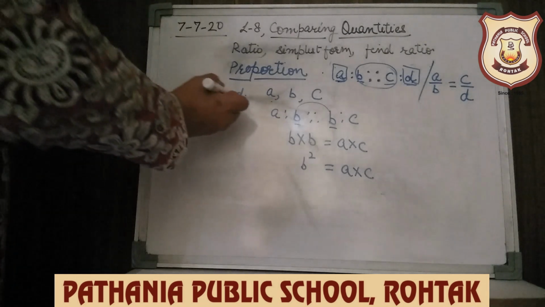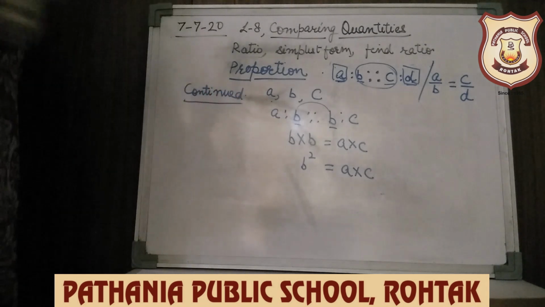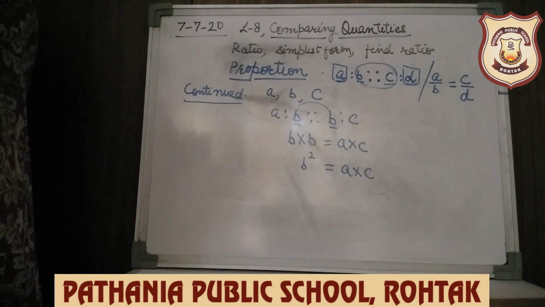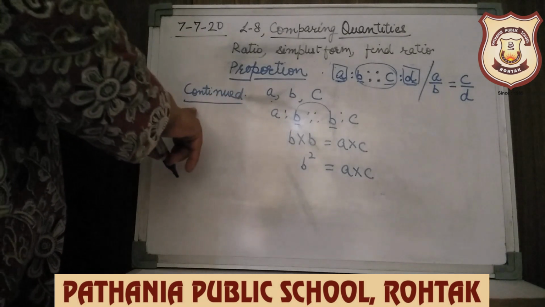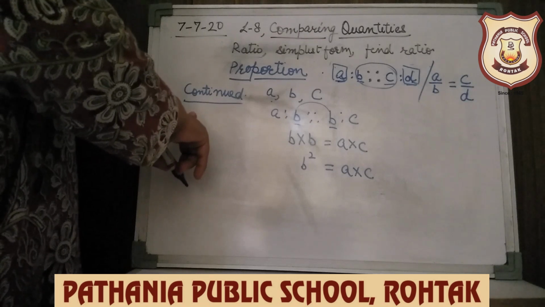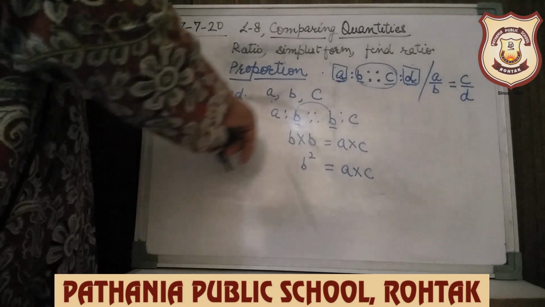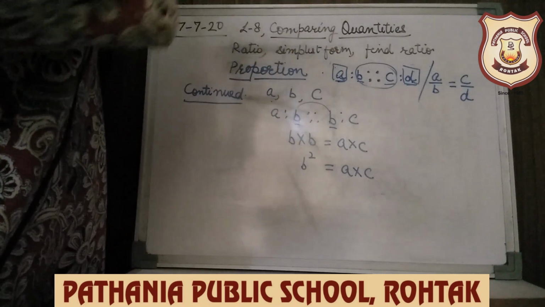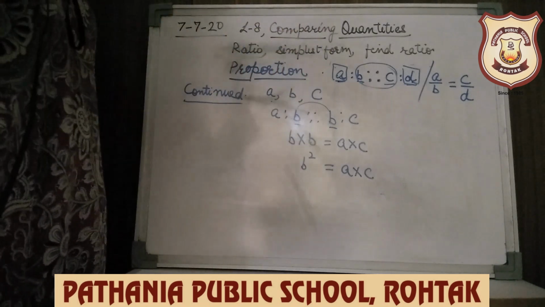So now, is this concept of continued proportion clear to you? Did everyone understand what continued proportion is? In continued proportion, the product of extremes equals the product of means.